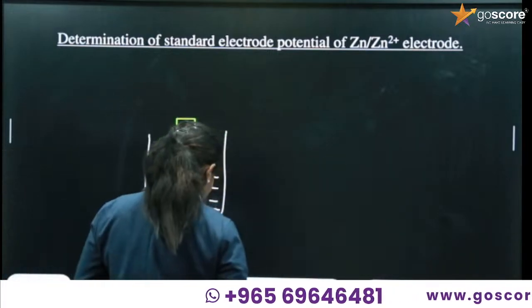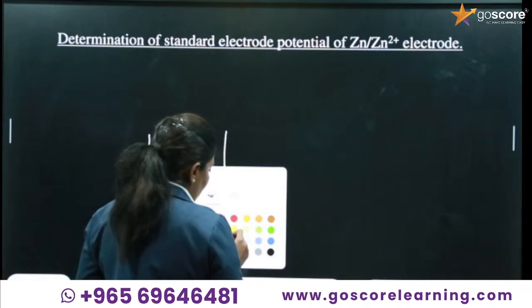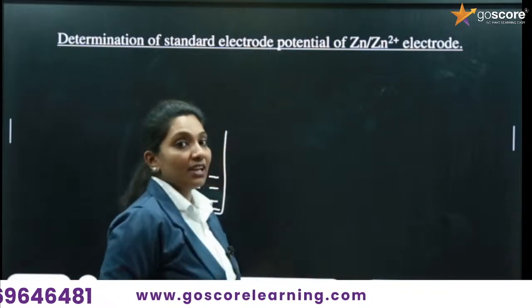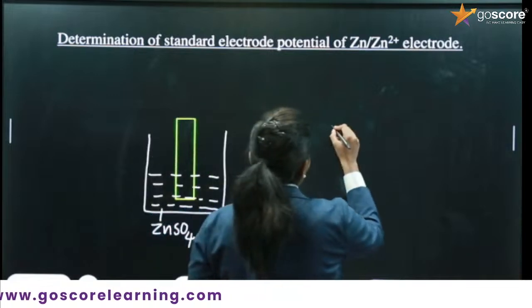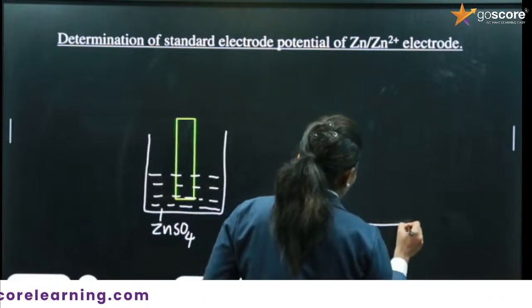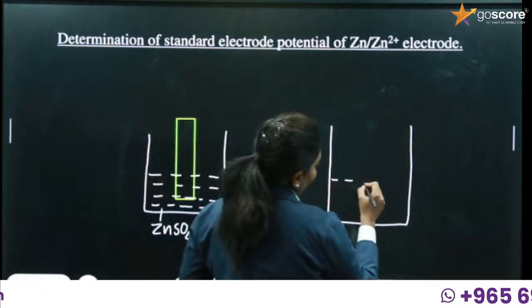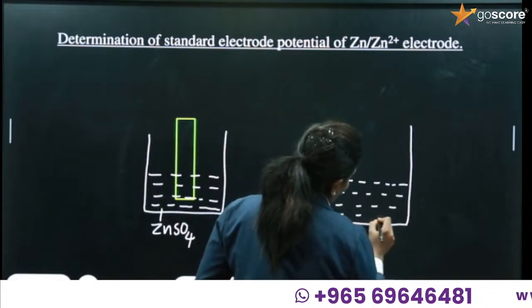The next side, what we will take, in order to find the electrode potential of a metal, we need a reference electrode, and the reference electrode is standard hydrogen electrode, right? Here we are taking the standard hydrogen electrode. We know that in the standard hydrogen electrode, what we will take? 1 molar HCl solution, right?